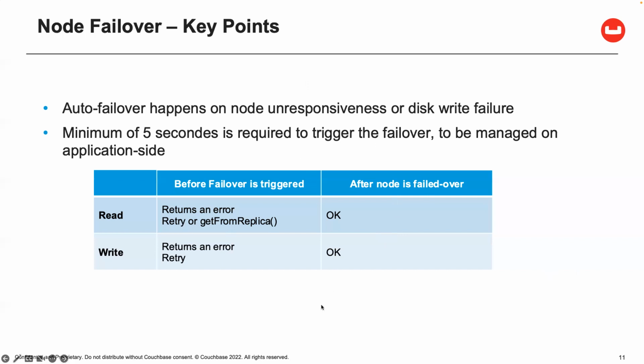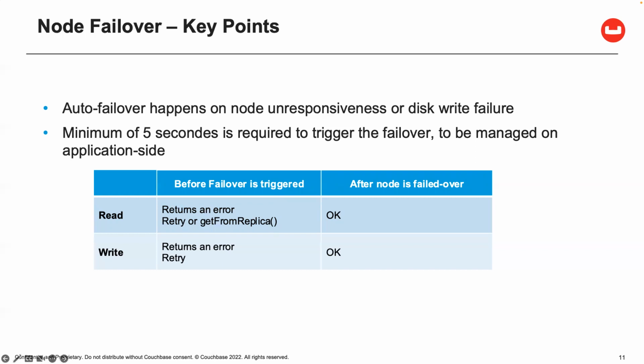Hopefully this gives you a good idea of what failover is and how it supports you from losing data to your applications if and when a node goes down or you need to take out a node for planned maintenance.